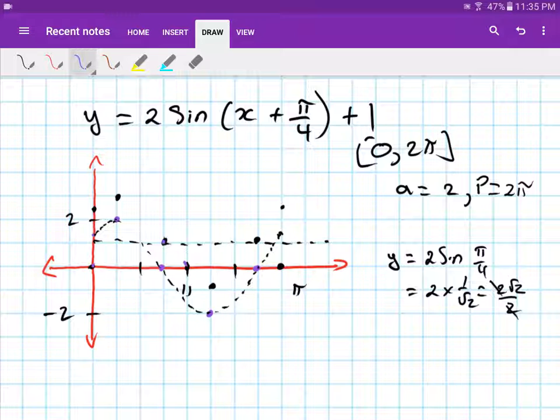Start from here and go roughly this way, and then this starts here and just join them up. So this is it. This is y equals sine (x plus pi over 4) plus 1. Thank you.